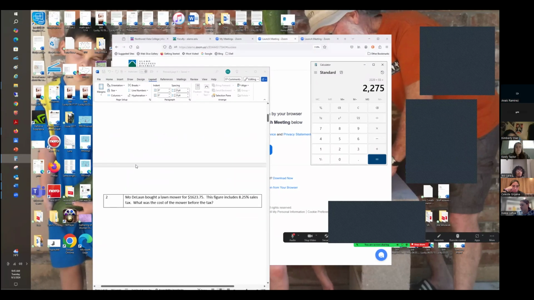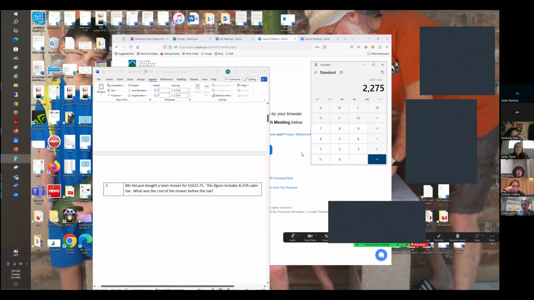All right. So you got 1623.75. And that includes 8.25% sales tax. I will tell you what most people do, which is incorrect. Most people multiply that by 0.0825 in an attempt to calculate the sales tax, and they get 133.96 to the nearest penny.